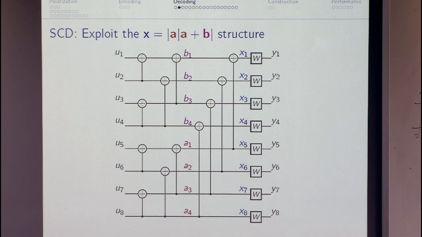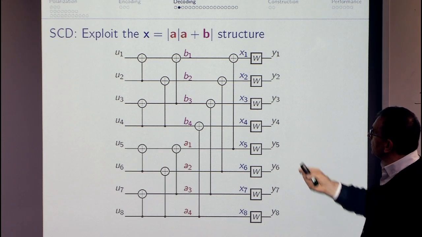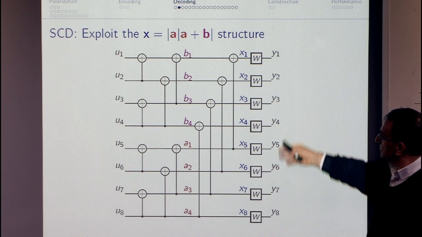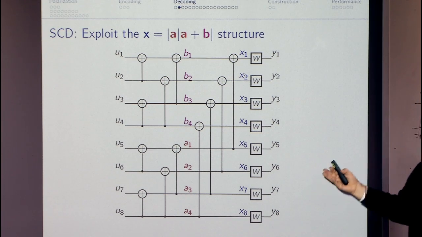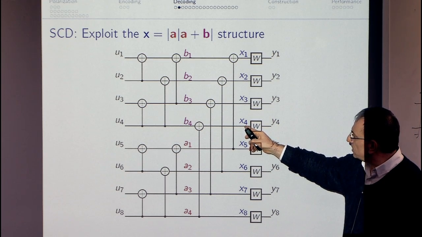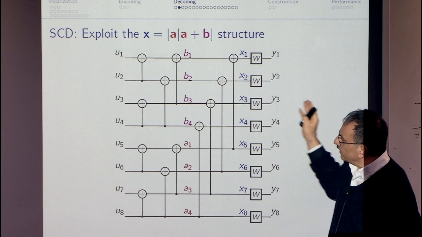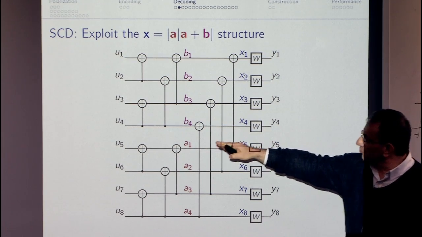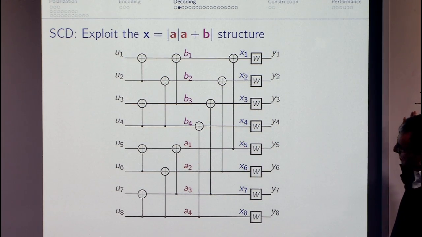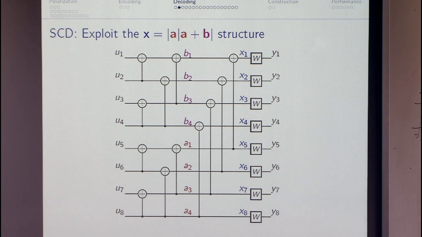So now in decoding, we have received some y's at the channel output or log likelihood ratios, and they are available. Now the decoding circuit is going to work from right to left. Encoding is left to right. The way I have drawn it, it will be right to left.